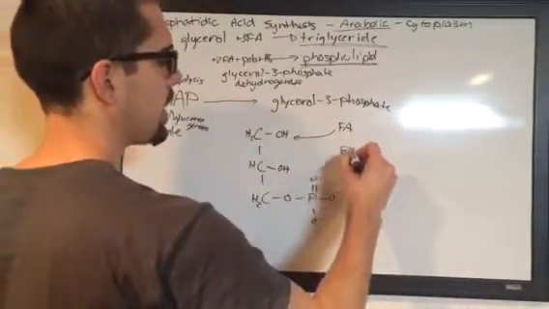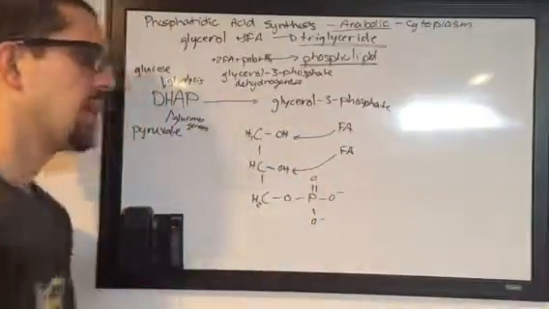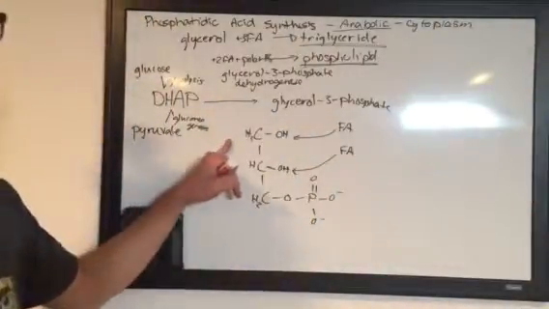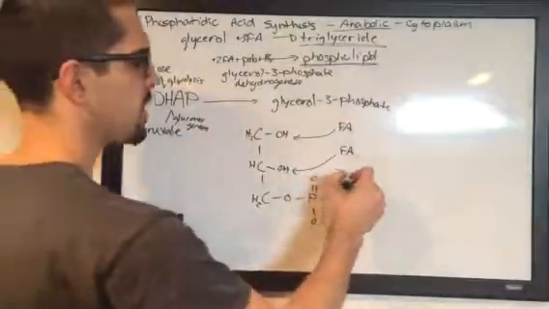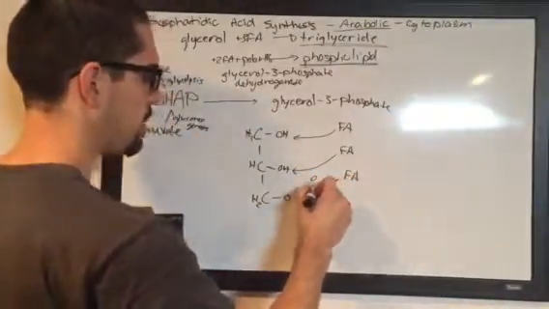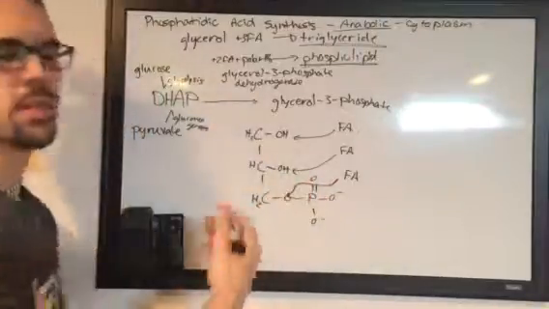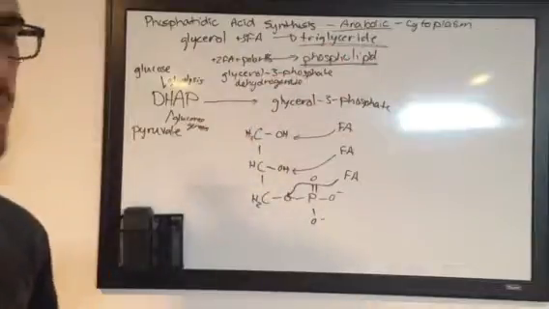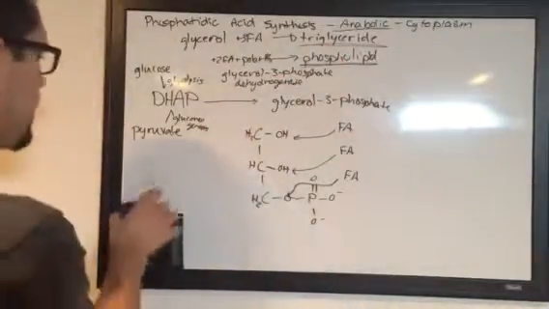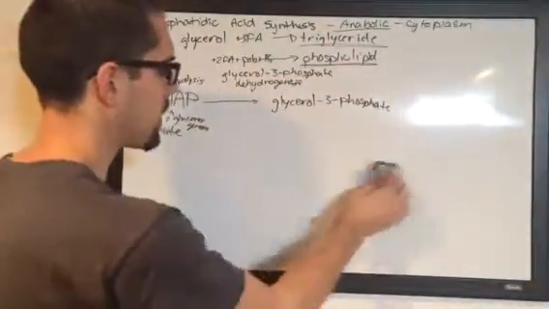We're going to take another fatty acid, put it on there, and that's going to be our diacylglycerol that we can attach a polar head group to, or we can take a third fatty acid and tack it on there, get rid of the phosphate group. That would be our triglyceride. So that was a wonderful little look ahead.